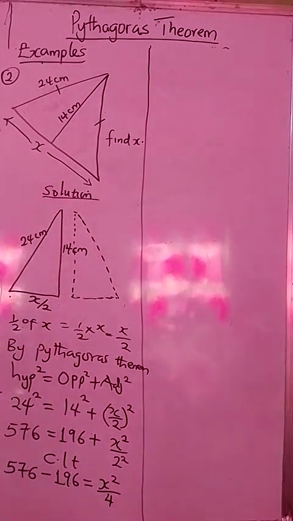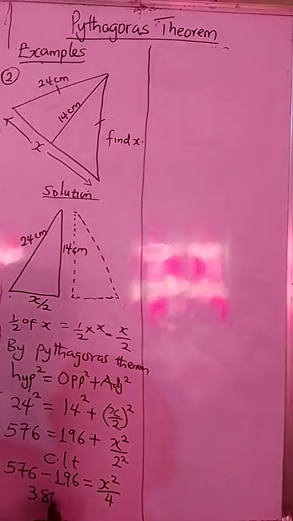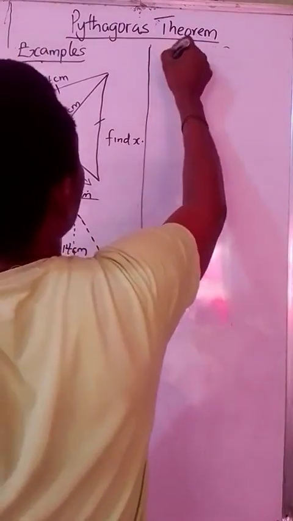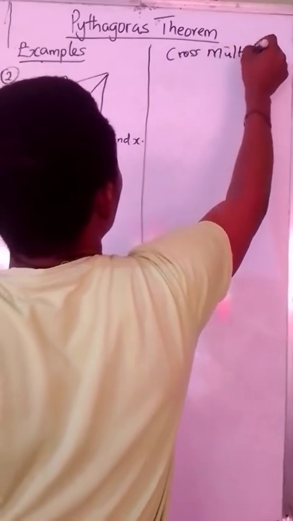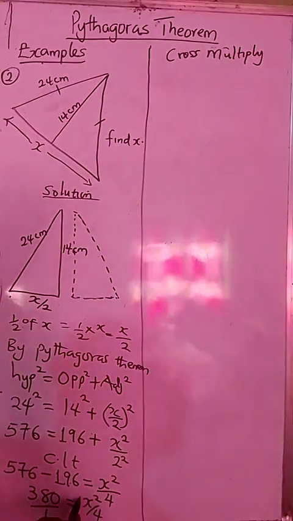So if you subtract this, you have 576 minus 196 gives us what? 380 equals to x squared over 4. Then what do you do next? You cross multiply. So when you cross multiply, 4 will multiply 380.